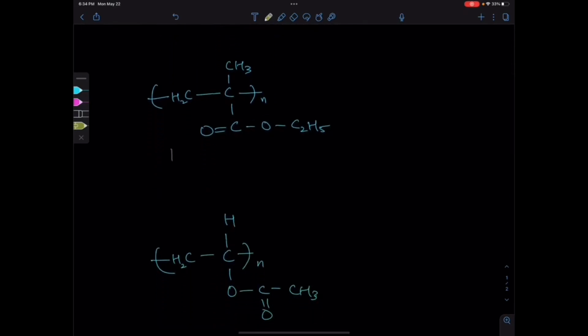The second one, poly. There's a methyl group and an ethoxycarbonyl group.